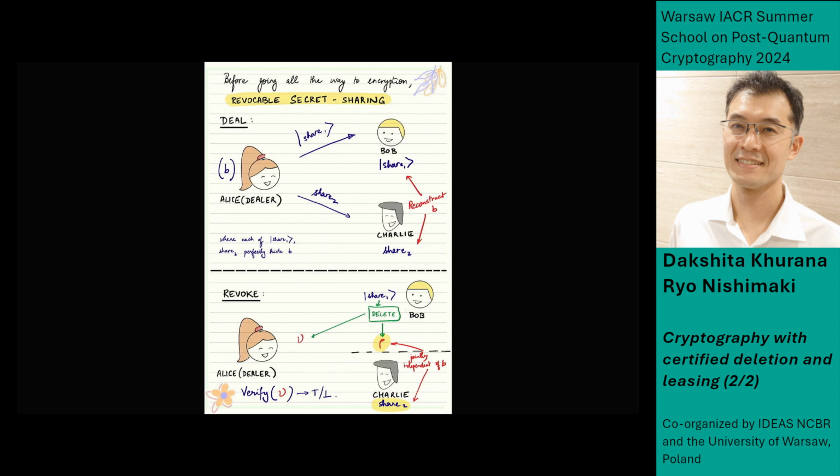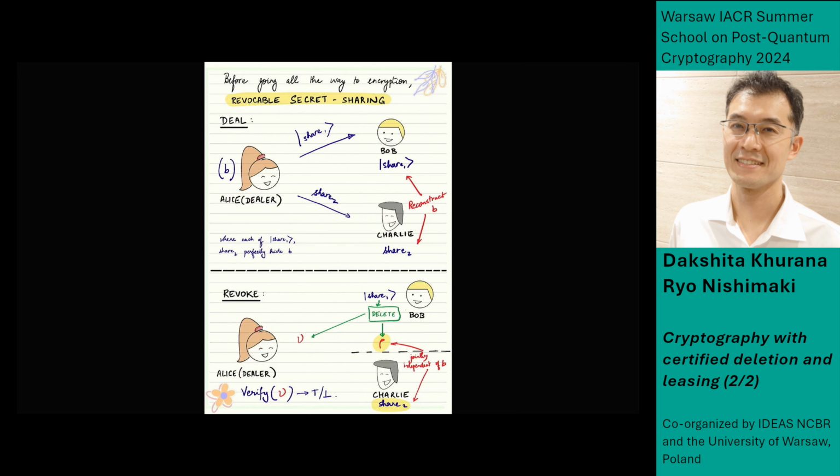Bob receives the quantum share, and Charlie receives the classical share. We have a reconstruction algorithm that takes these two shares, and we can recover the secret bit B from them.